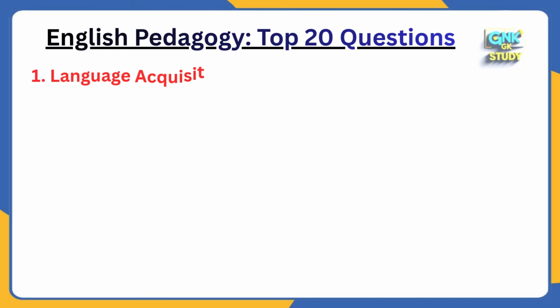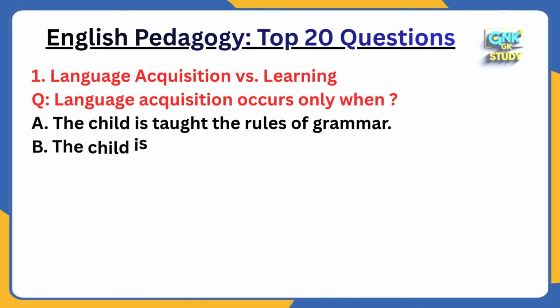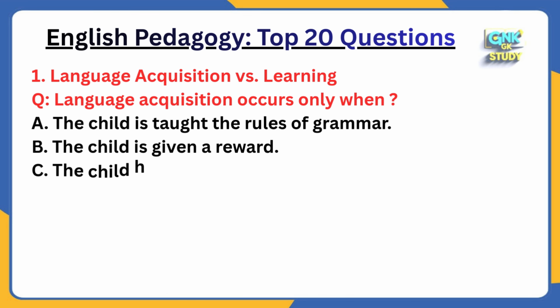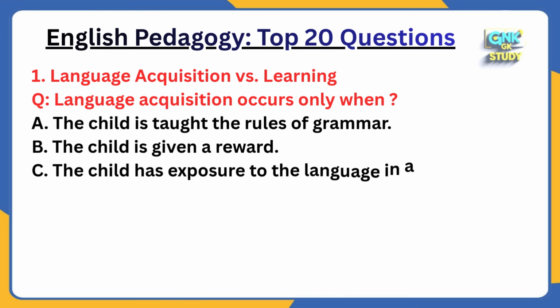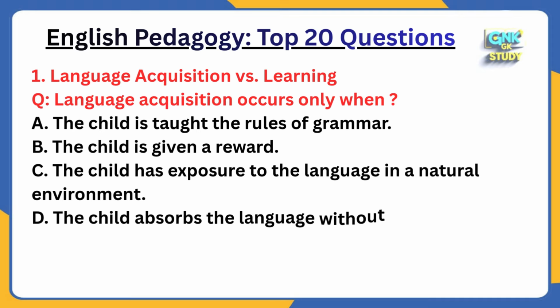First question. Language acquisition versus learning. Question. Language acquisition occurs only when A. The child is taught the rules of grammar. B. The child is given a reward. C. The child has exposure to the language in a natural environment.